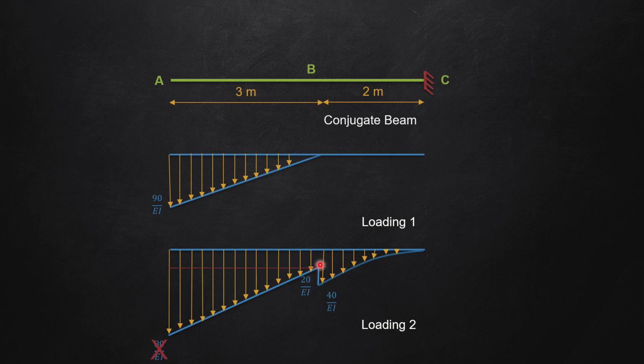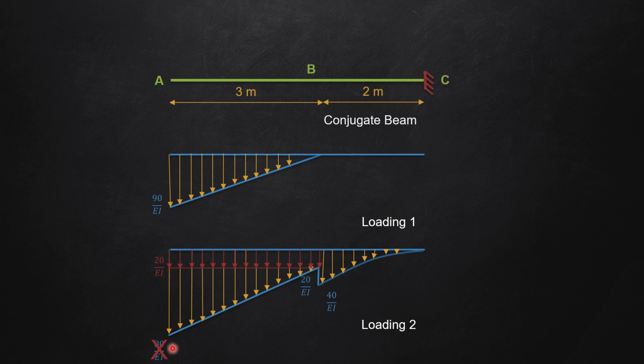So this portion will become a rectangular load, which is nothing but a UDL, a uniformly distributed load. And what will its intensity be? It will be equal to this line, which is 20 divided by EI. So here also you will get 20 divided by EI.